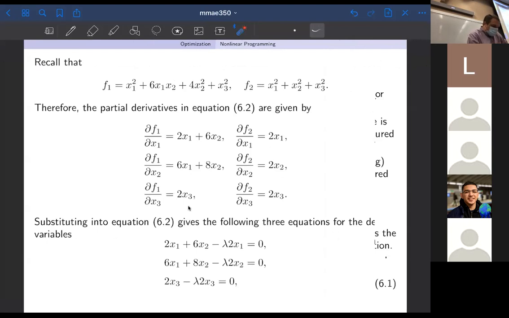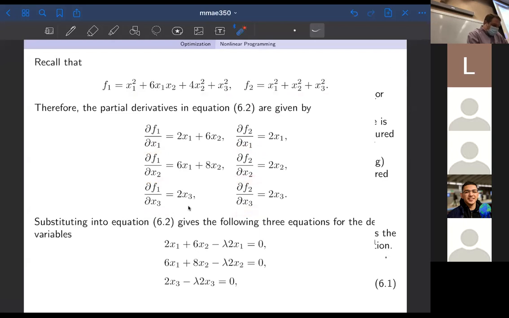So here, on the same slide, I've repeated f1 and f2. This is the numerator, and this is the denominator, just same as we had in the last slide. And then I take my partial derivatives: partial f1, partial x1, x2, x3, partial f2, partial x1, x2, x3.